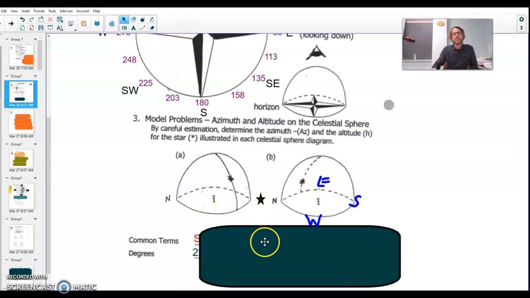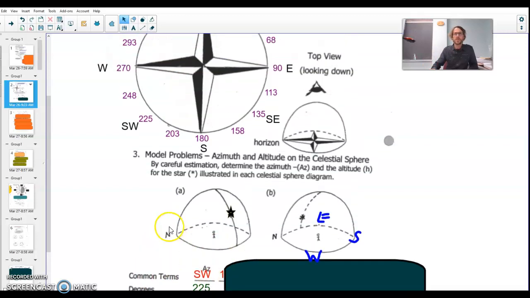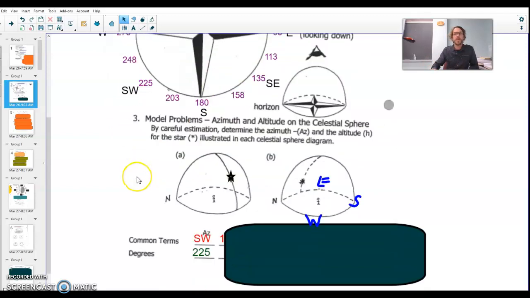So the direction, we say common terms for the azimuth, we would say southwest is where this star would be, like right here. And our degrees would be 225. That's the actual azimuth. So the southwest is like a common term, like, oh, it's about southwest of here, but 225 degrees gives more accurate information.